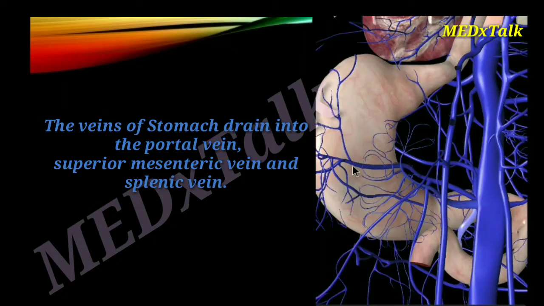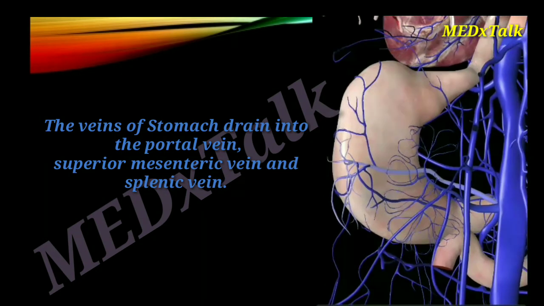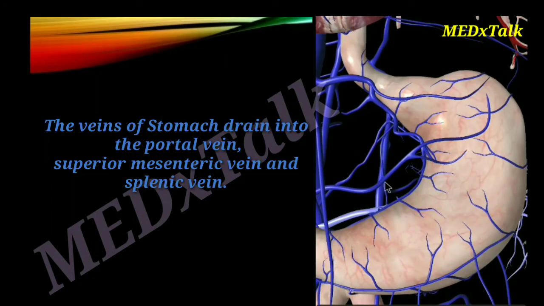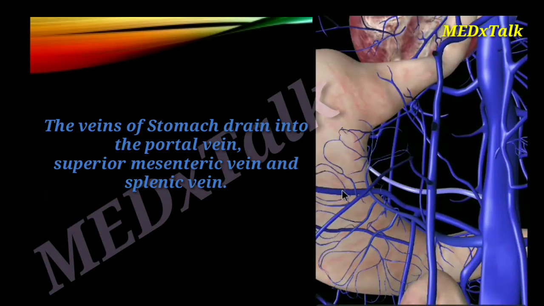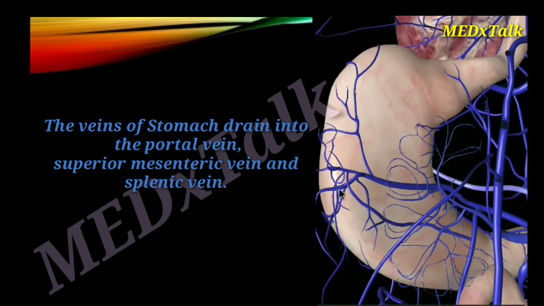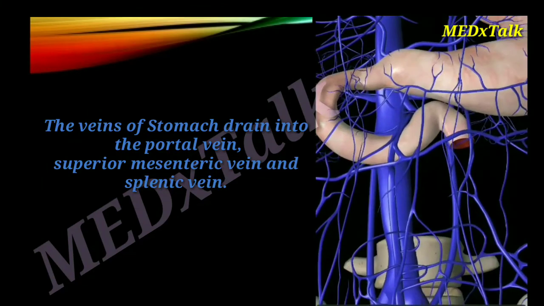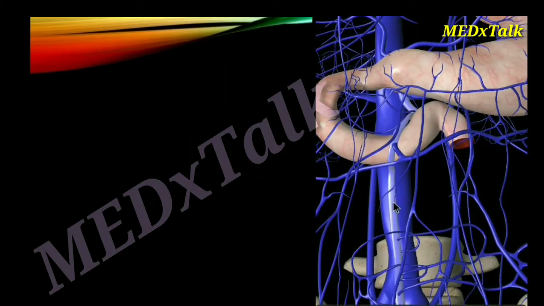Here we can see the hepatic portal vein. Secondly, we can see the superior mesenteric vein. Third, we can see the splenic vein. Here we can see the hepatic portal vein, splenic vein and superior mesenteric vein.